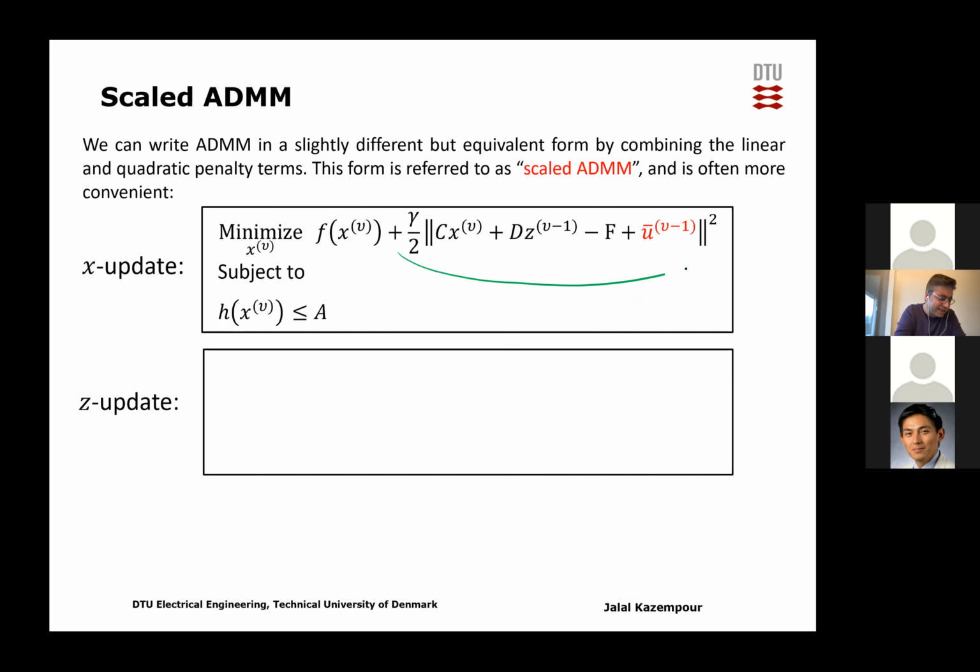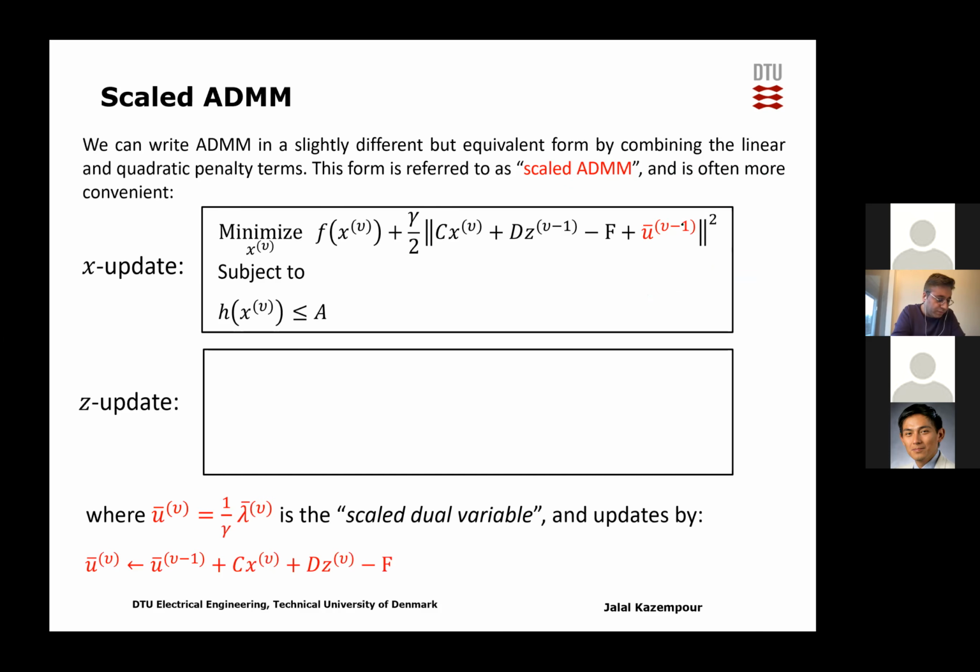So nothing is changing. We can present our ADMM in a different form that we call scaled ADMM. And as you see, now in the objective function of X update, we have only one term, one quadratic term, but it's a bit extended. So we don't have the linear term anymore in the objective function, which was lambda bar times a term. And also instead of lambda bar, we have something new.